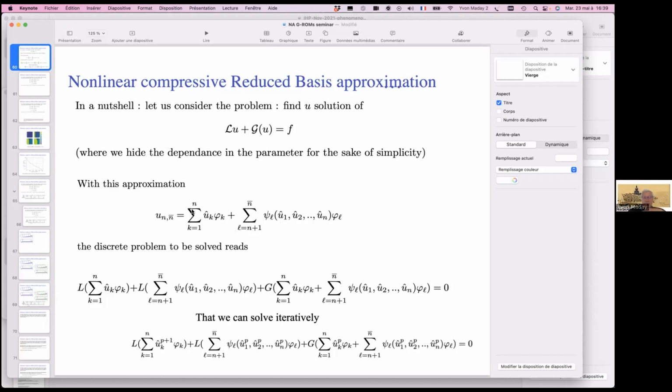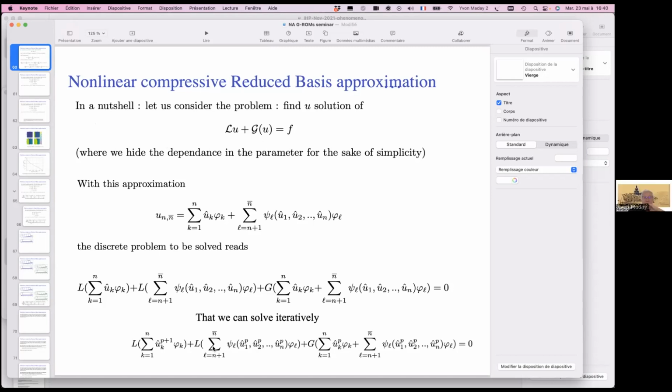Yes, so that is the offline stage. And in the online stage, you still need to solve the problem: you have the nonlinear equation and you iteratively solve it. Am I right? Exactly.